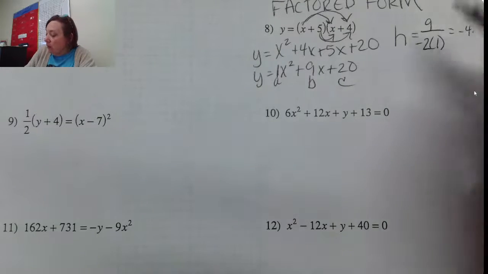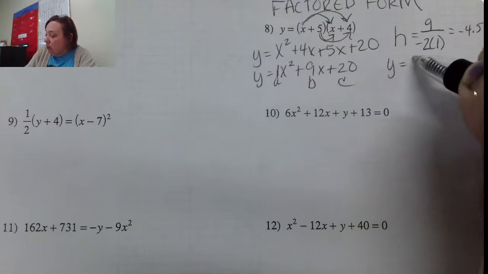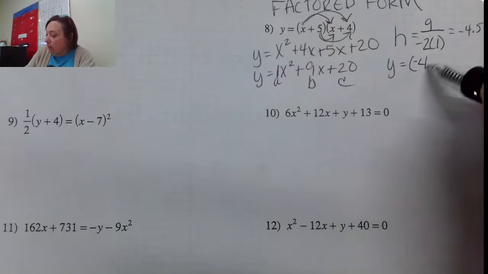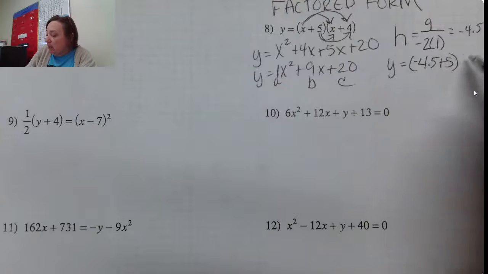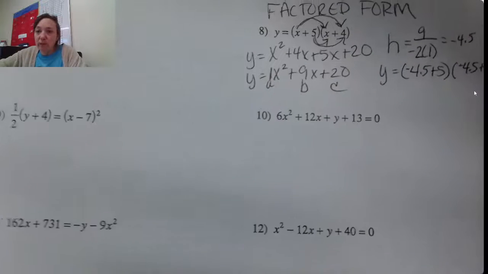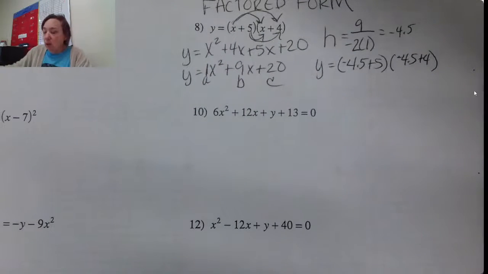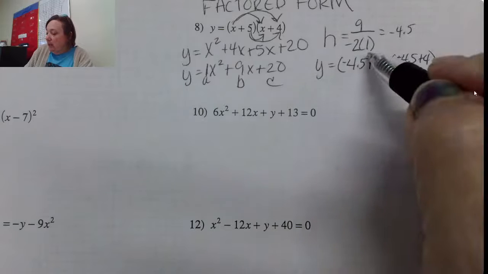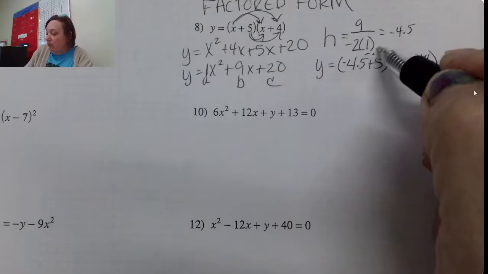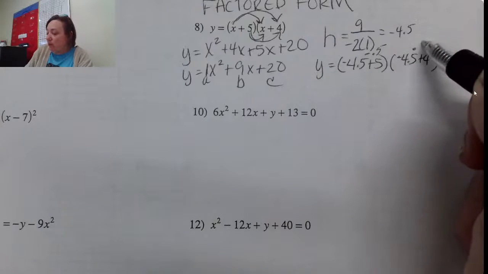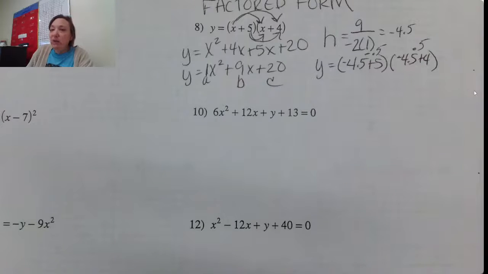So if we put it in the original, we do negative 4.5 plus 5 times negative 4.5 plus 4. Let me move this over. So you get negative 0.5 on this one and positive 0.5 on that one. And we don't even need a calculator for this. What's 5 times 5? 25.